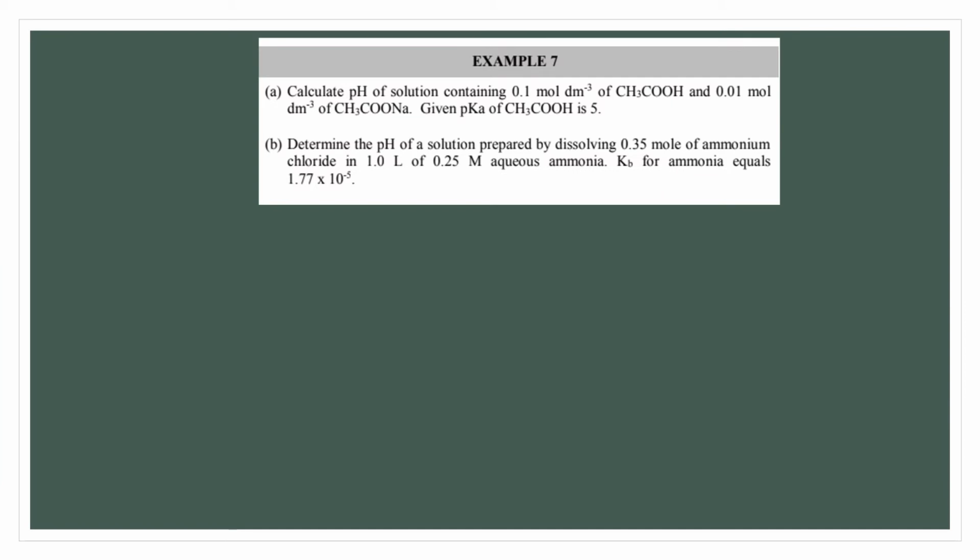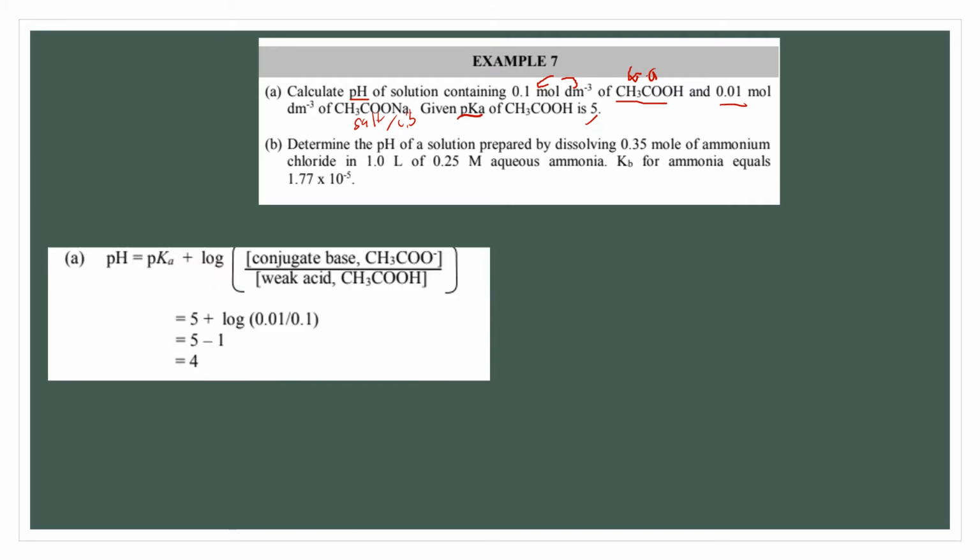Example number 7: you are asked to calculate the pH of a solution given that this is the weak acid, the molarity of the weak acid. This is your weak acid. And here it gives the molarity of the salt, or your conjugate base. Given the pKa value, it has already given it here. So you need to find the answer.